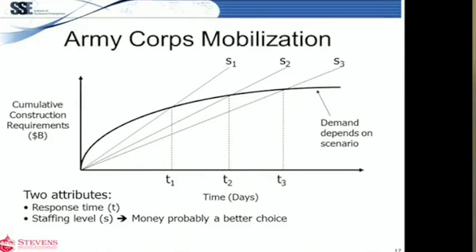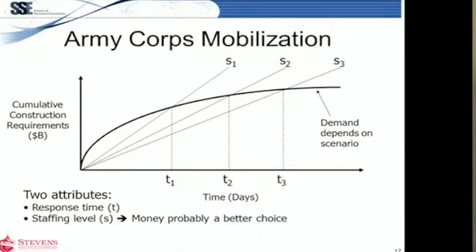And their ability to manage those projects quickly would depend on how many staff they had. Okay. So there's a trade-off. More staff costs more budget. You have to go to Congress and convince them. But more staff means you're more responsive.